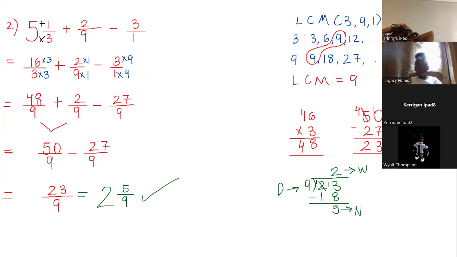All right, take a picture of this and send it to me via WhatsApp. And then we can go on to the grade exercise. Again, take a picture of your work and send it to me via WhatsApp.